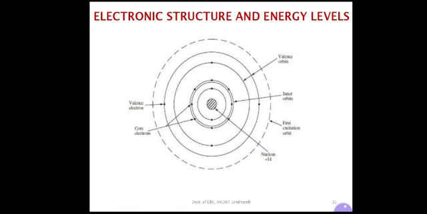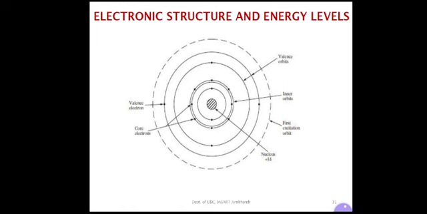Along with protons, it also consists of neutrons, and it has 10 core electrons in shells n equal to 1 and 2, and 4 valence electrons in the 3s and 3p subshells. So it is distributed in the electronic structure and energy levels.